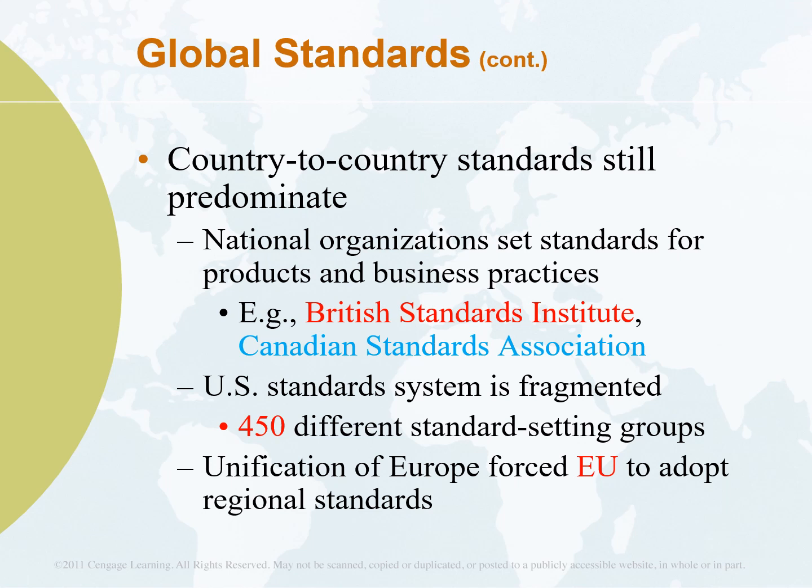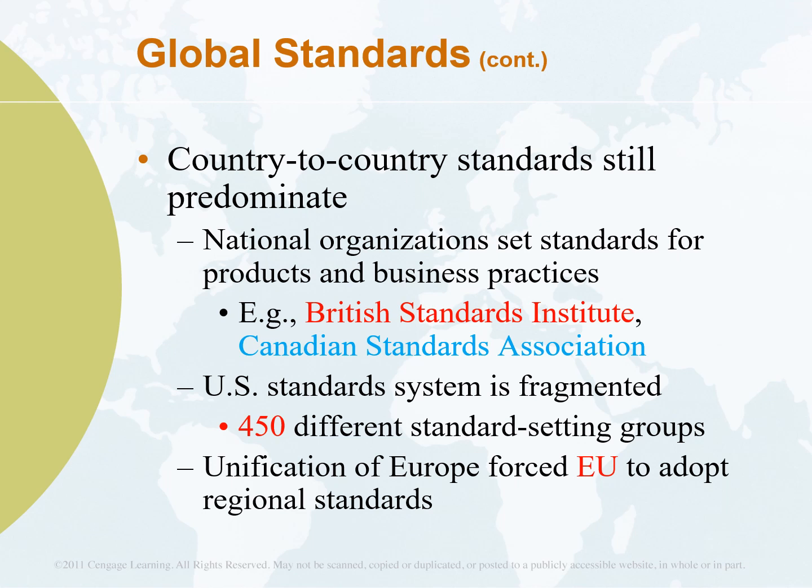National organizations set standards for products and business practices. For example, in Great Britain, there's the British Standards Institute. In Canada, they have the Canadian Standards Association. In the U.S., the standard system is fragmented.